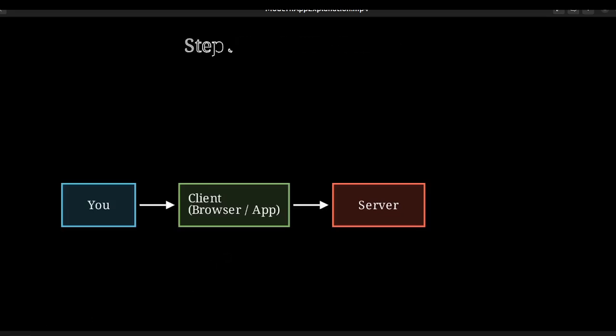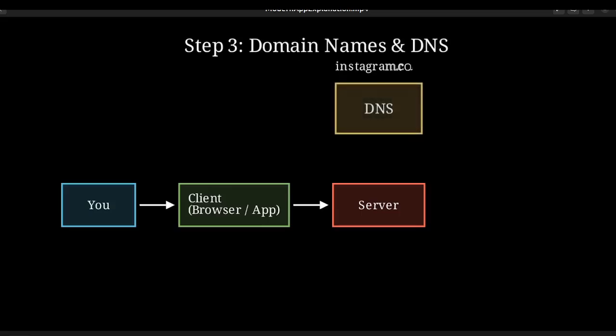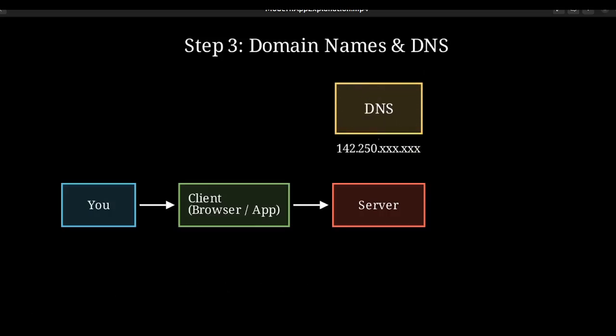Like for Instagram, you are going to enter www.instagram.com. But in actuality, what the server will receive is an IP address, because the whole thing is actually done in IP addresses. You enter the domain name, but what the browser does is send that domain name to DNS, and then DNS gives back the IP address.